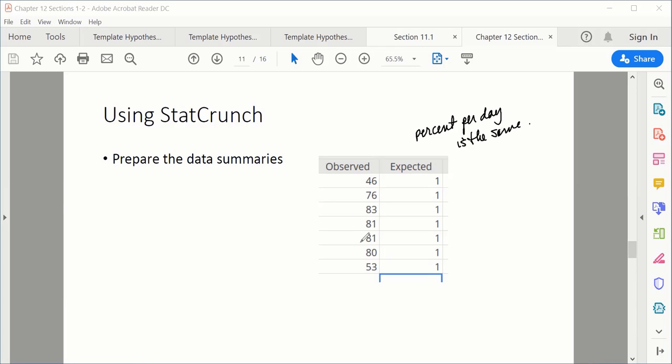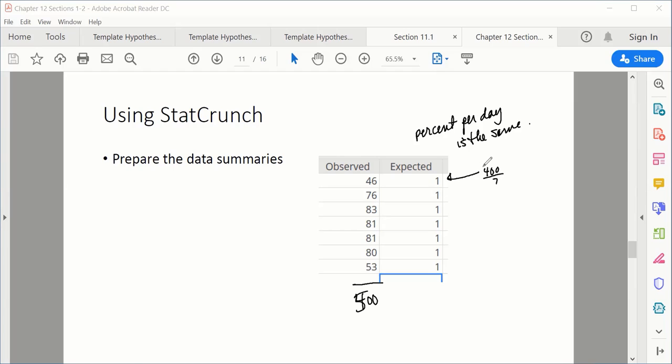If you look in the book, they're going to take this total, which was 400, and for each of these, it's going to put 400 over 7. So take that 400 births and put them equally into the categories. Because we're using StatCrunch, we don't have to do that. It does it for us. Is it 400 or 500? I don't remember. I think it's 500. 500? Okay.